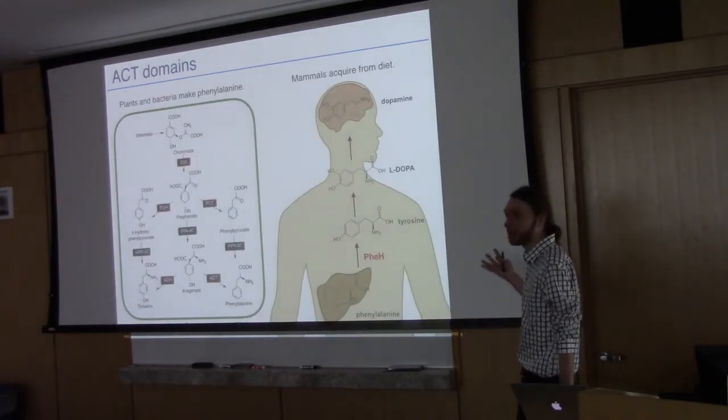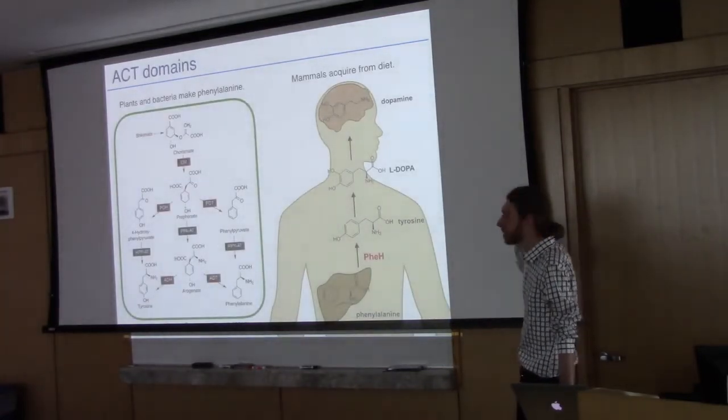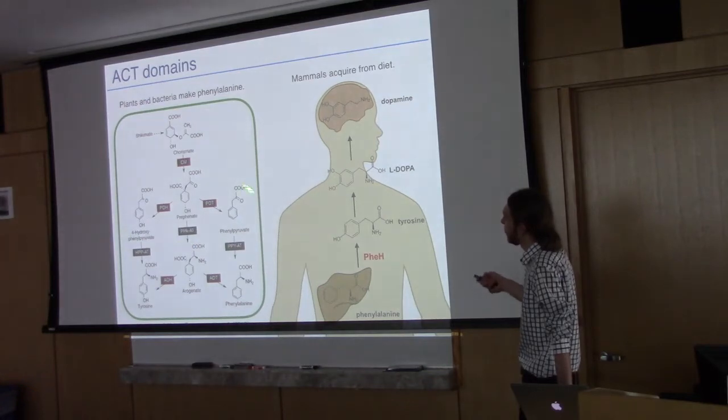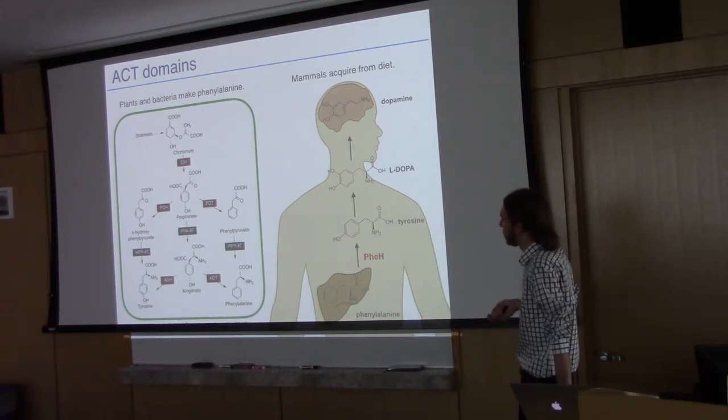And just to back up, big picture, what we learned is that, I mentioned this PDT, which is a bacterial enzyme. ACT domains are actually really common in bacteria and plants, and in particular, this is the shikimate pathway for phenylalanine biosynthesis. Each enzyme that's regulated by ACT domains is highlighted in red, so there's quite a few.